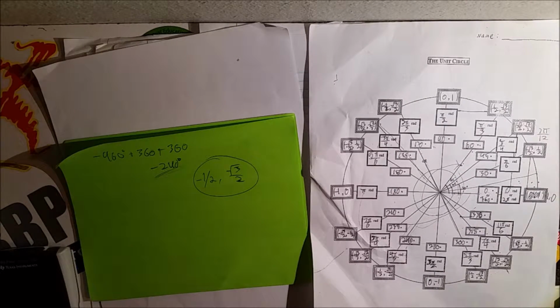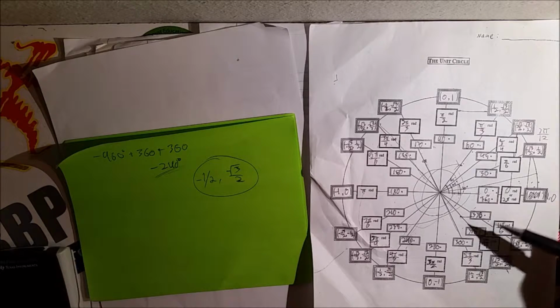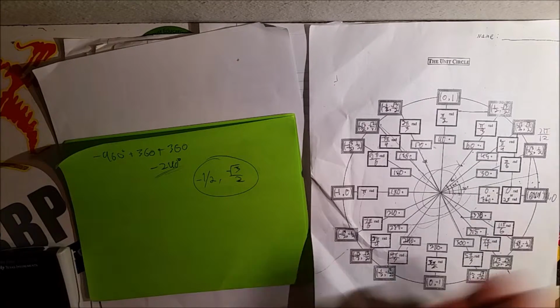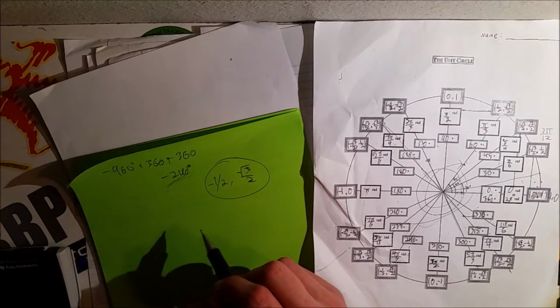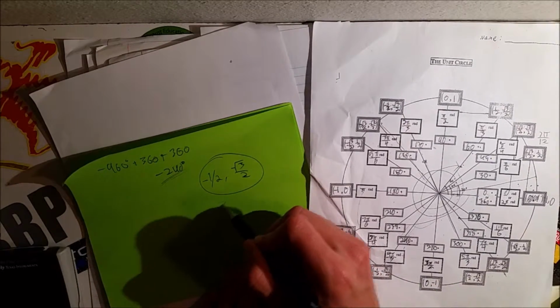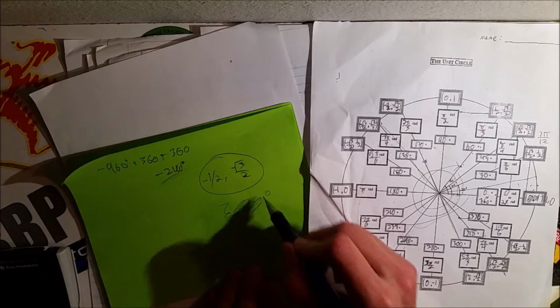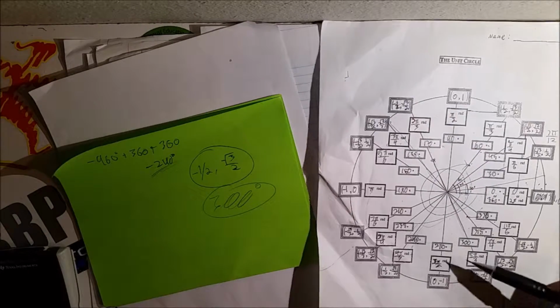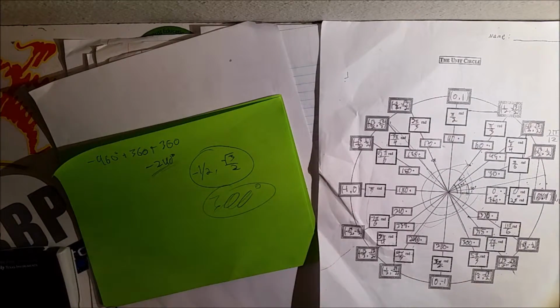Our coterminal angle needs to be within 0 and 360 degrees. So what we're going to do again is add 360 degrees, which means our coterminal angle ends up being not negative 240, but 300 degrees. So our coterminal angle is 300 degrees.